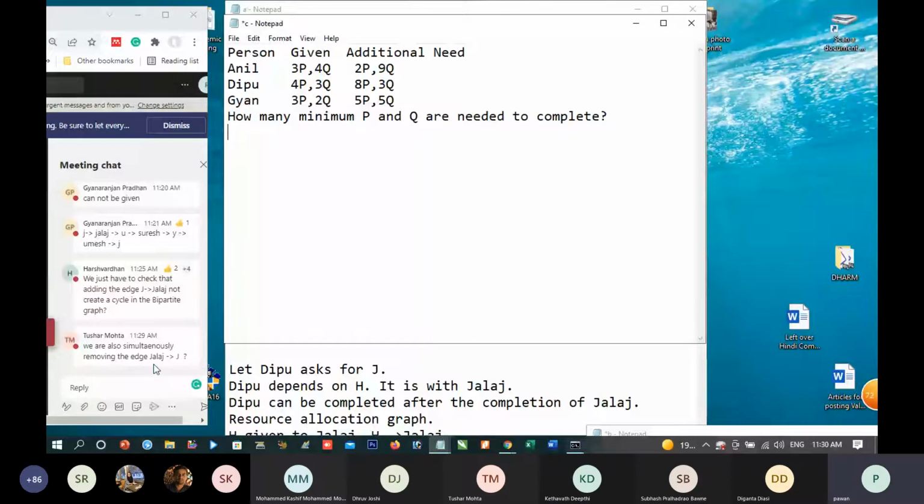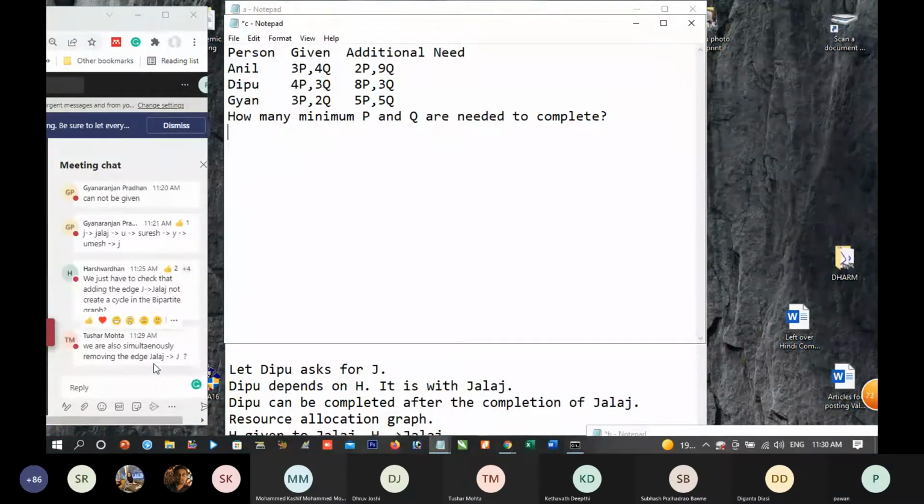Tushar is correct. We don't put a permanent edge, we put a hypothetical edge.